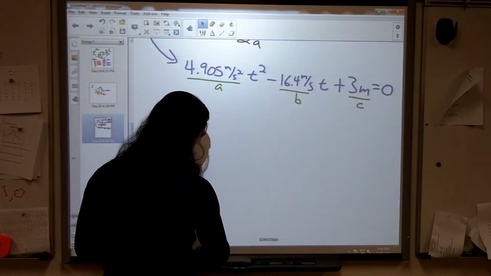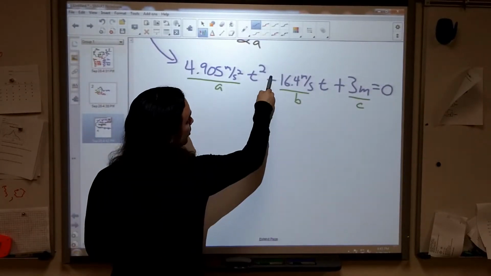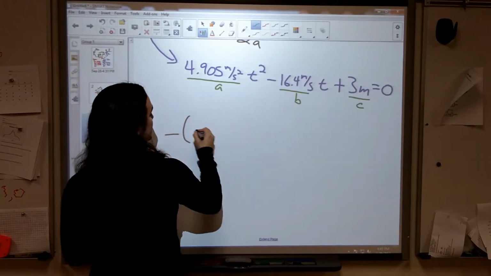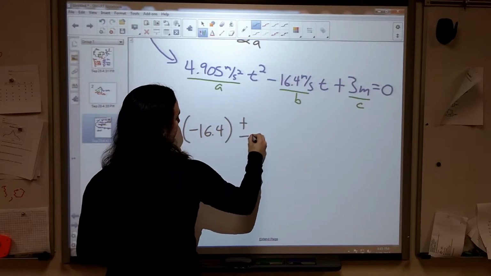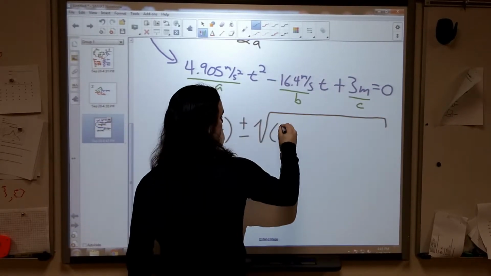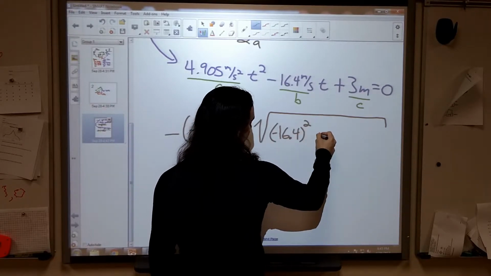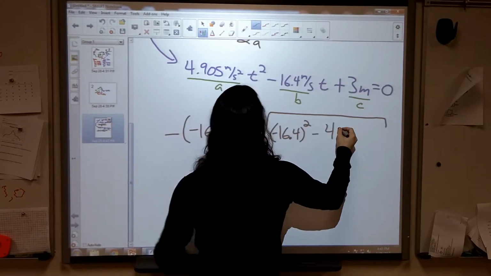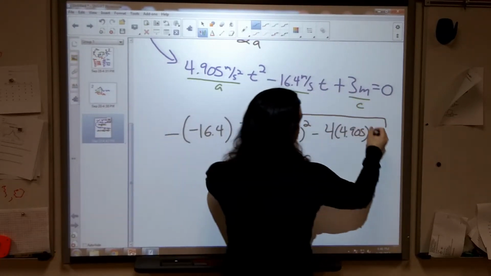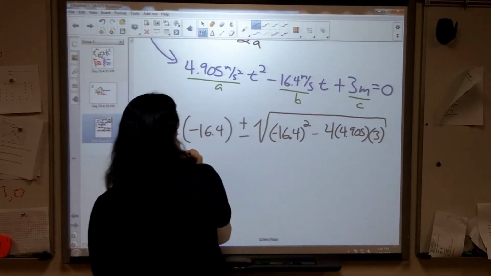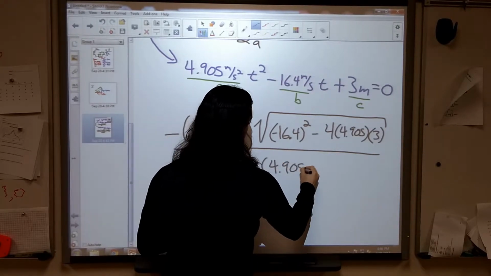I'm going to fill these in. Let's see what I get. Negative b, which, remember, this is normally a plus, so b is actually negative 16.4 meters per second. Negative b plus or minus the square root of b squared, negative 16.4 quantity squared, so the negative doesn't actually matter there, minus 4a, positive 4.905, c, 3, all over 2 times a, which is 4.905.